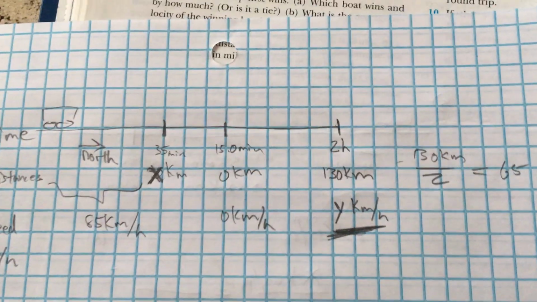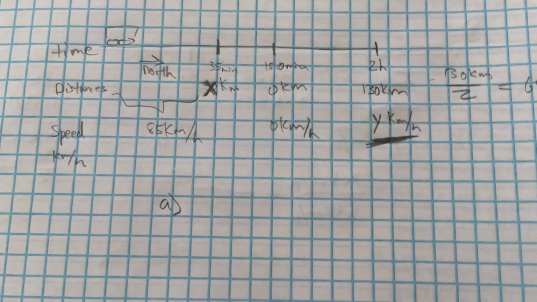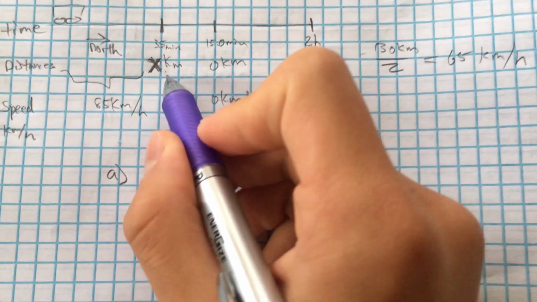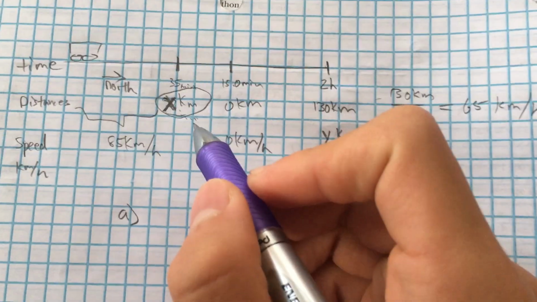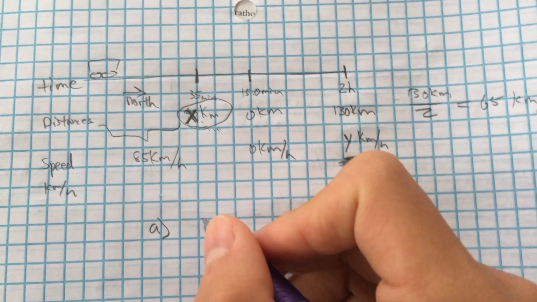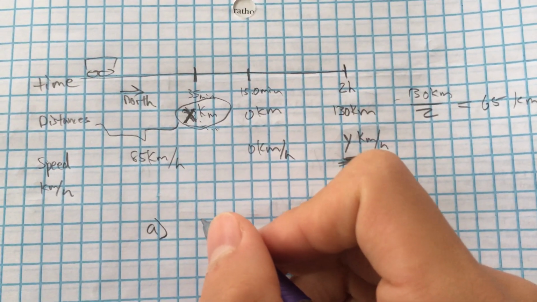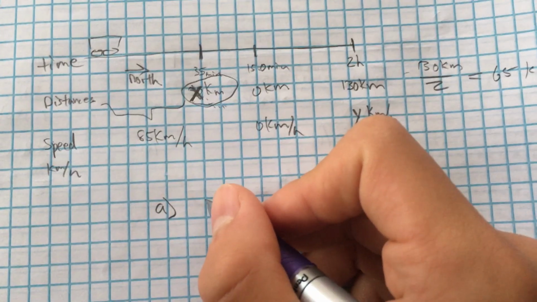So let's try to find A. To find A, we have to find the kilometers first. There are so many ways you could do it, but I do proportion.